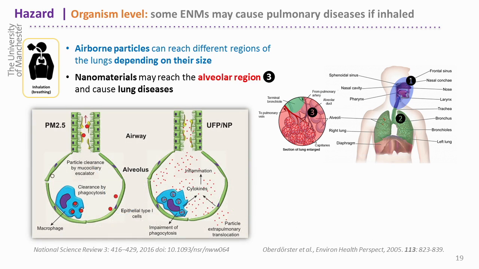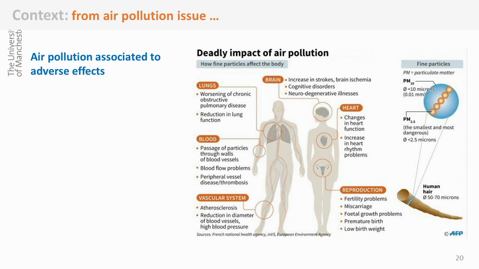And this is, for example, a mechanism of how it interacts in the alveolus, and this is where the immune system will try to control these nanomaterials. There's also air pollution, and we've seen that air pollution is, well, it's obvious, but quite a big deal.